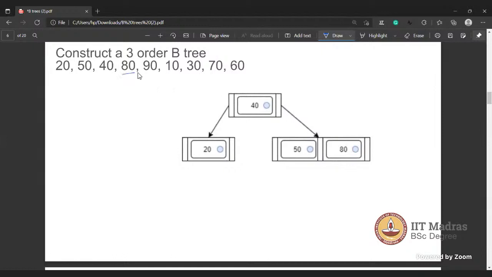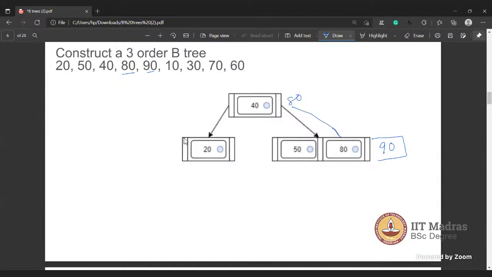Let's insert 90. 90 is greater than 40, so we go right. 90 is greater than 80 also. So it will be inserted in this position, but the maximum number of keys is 2, so it will split up. 80 will go up.